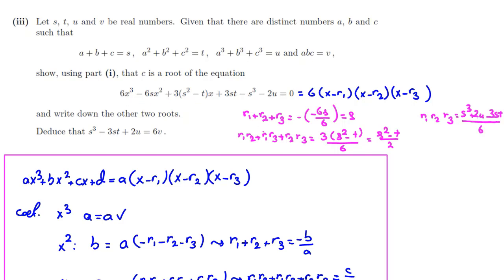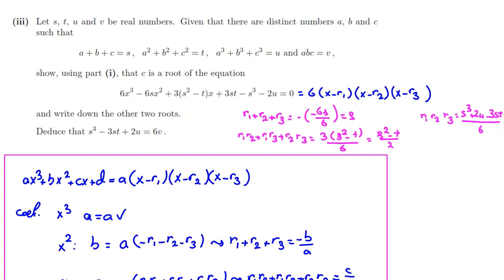Now, as you can see, r1 plus r2 plus r3 is s. I want to find r1 squared, r2 squared, r3 squared here. And here we calculate something. It says s cubed minus 3st plus 2u is 6b. So if you replace, 6b over 6 will be b.